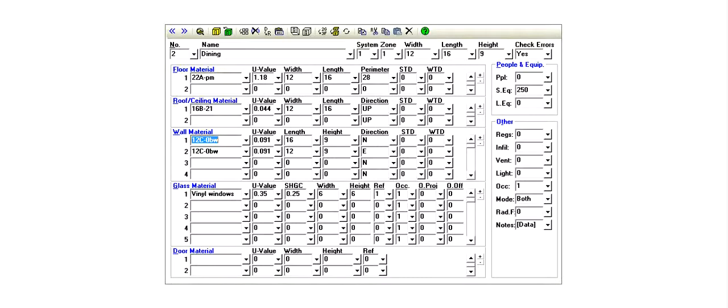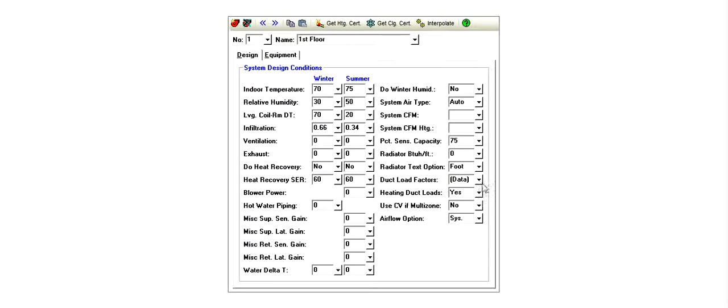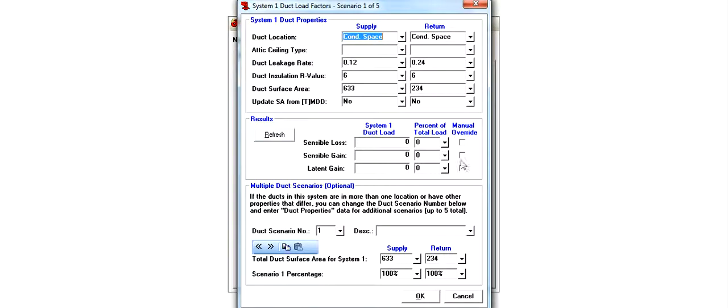The other thing that we had done in the house is we moved the ducts. Originally the ducts were in the attic, and we made the attic part of the conditioned space. If you watch my previous video on ducts inside the conditioned space, I explain how you make the attic part of the conditioned space.